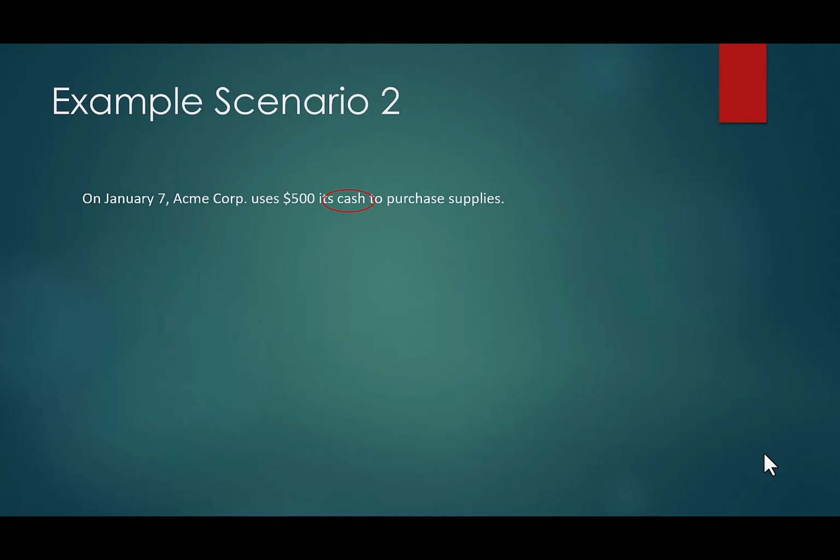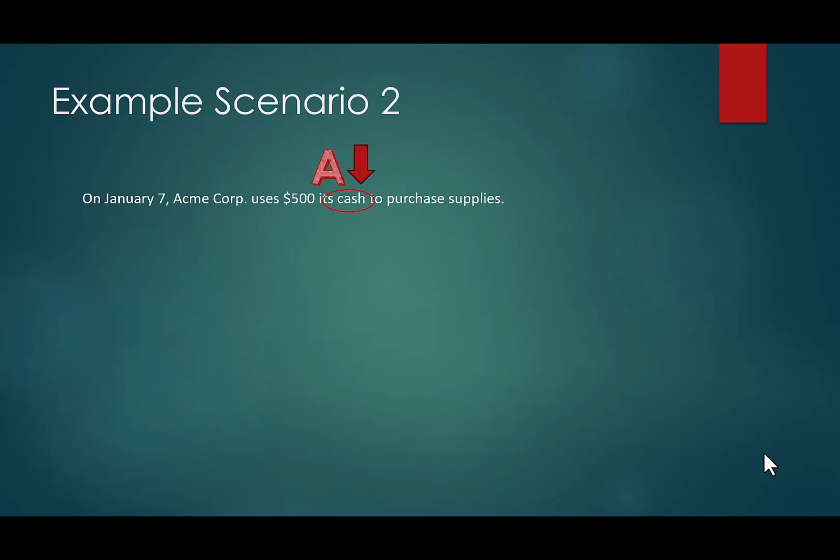Our company used $500 of their cash to purchase supplies. So you want to ask yourself, what type of account is cash? In this case, it's an asset account. And then you want to ask yourself, what happened to the asset account? Did cash go up or down? Since we were spending our cash, cash went down by $500.